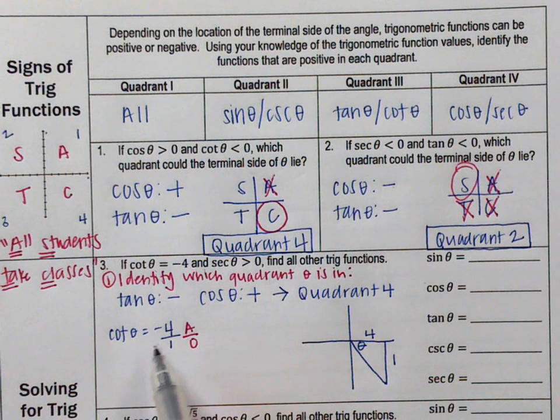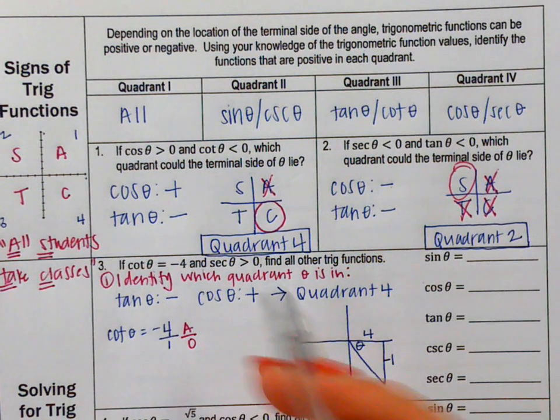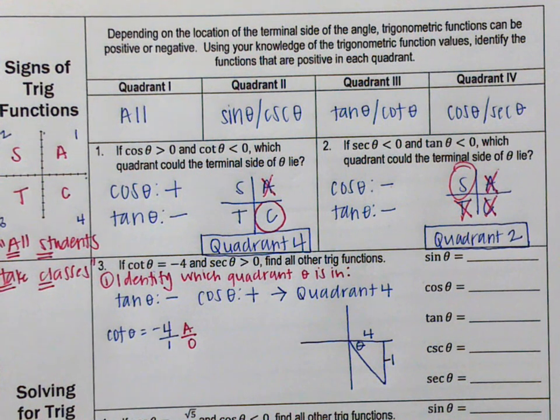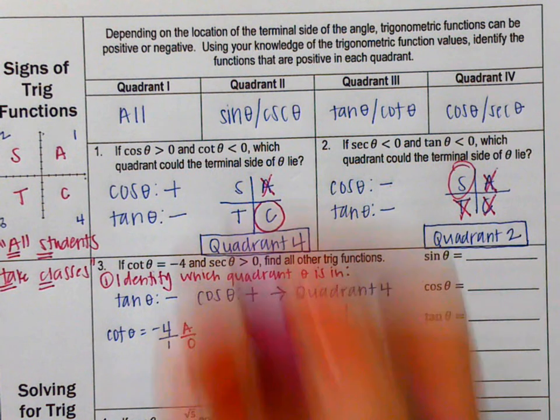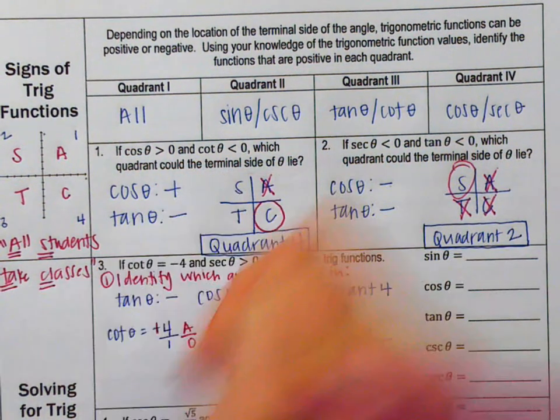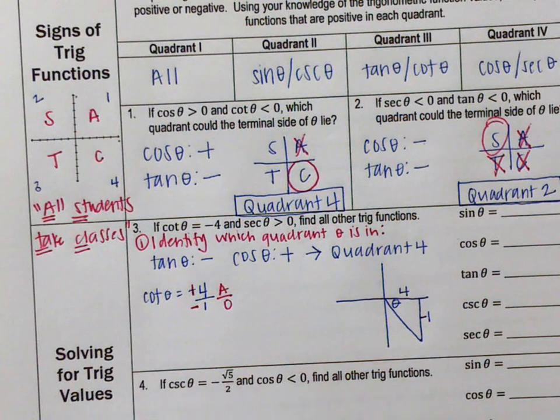So I look at my graph and I think, okay, 4 is positive, but 1 is negative, which would make sense. If I did 4 over -1, that would get me the -4. That's why I like to graph it, because it helps me visualize the positive and negatives of each number. So in this case, the 4 is actually positive and the 1 is actually negative. And I'll just make a quick note of that.